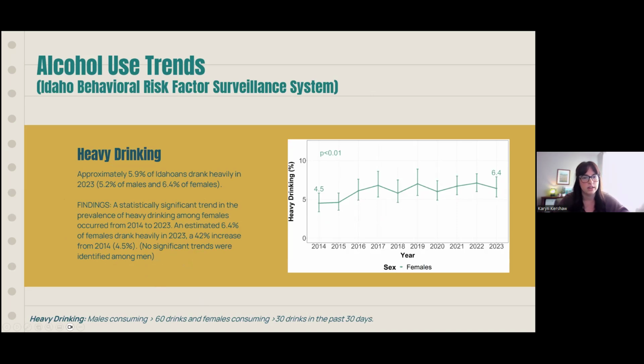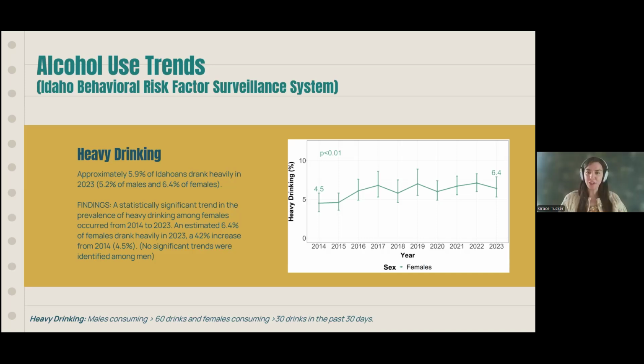There was a significant increase in the reported prevalence of heavy drinking among females from 4.5% in 2014 to 6.4% in 2023. So keep that trend in mind, and I'll pass it back over to Grace to go over some findings from our alcohol mortality data.